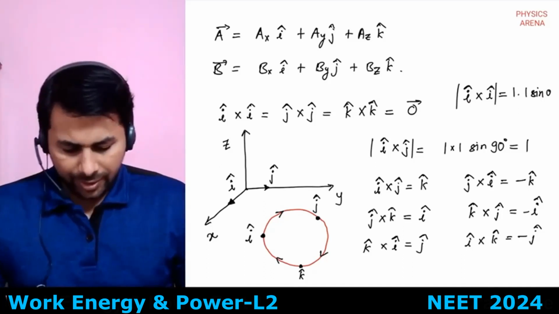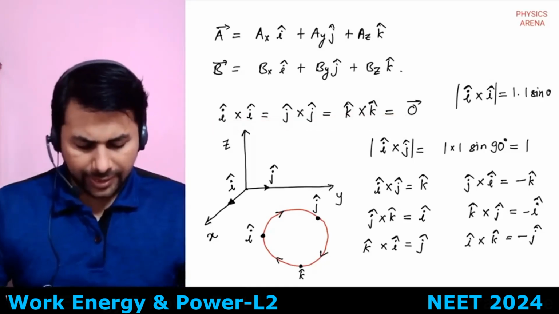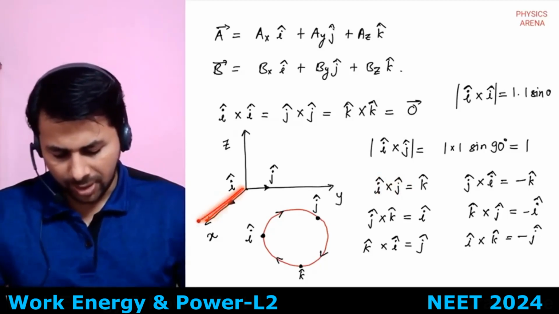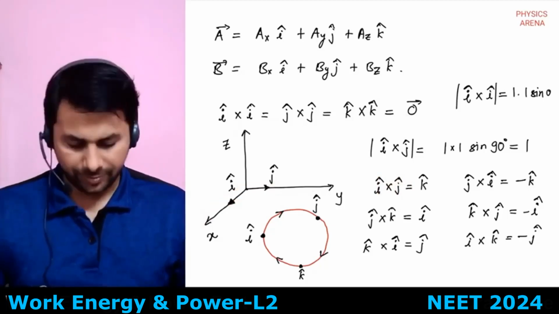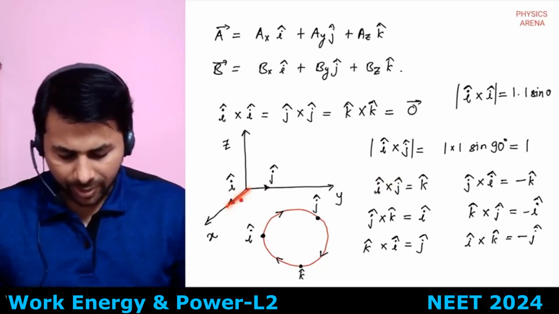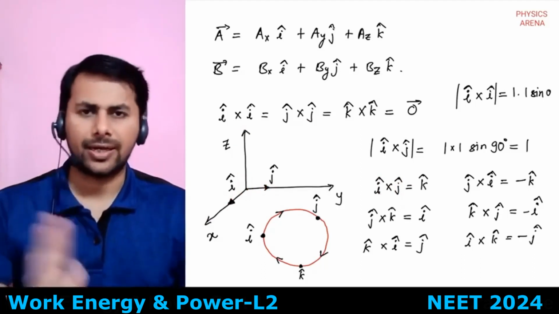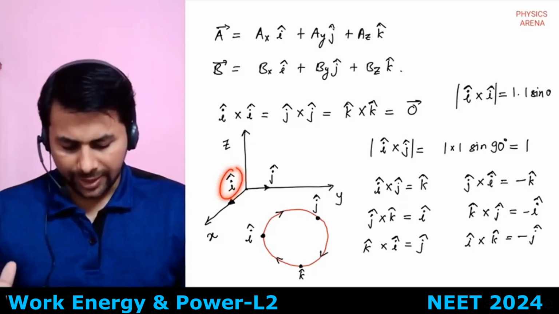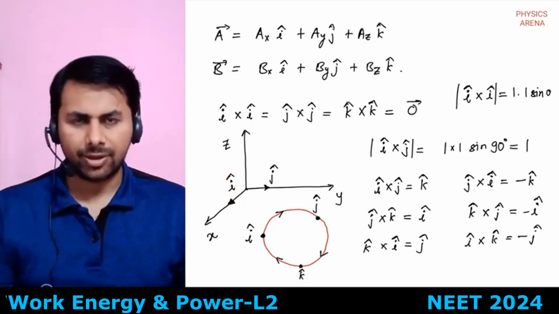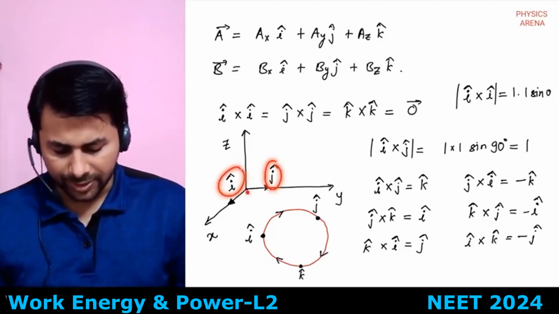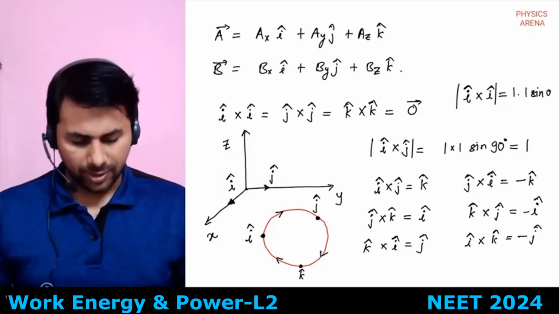And if you take i cap cross j cap, so i cap is along x, j cap is along y, so the resultant of i cap cross j cap will be along the z axis. So you get i cap cross j cap equals k cap.